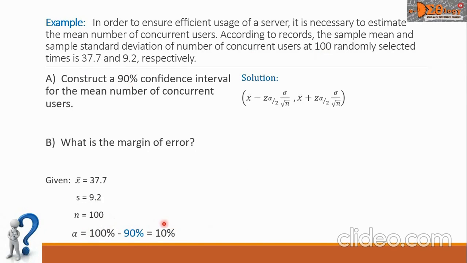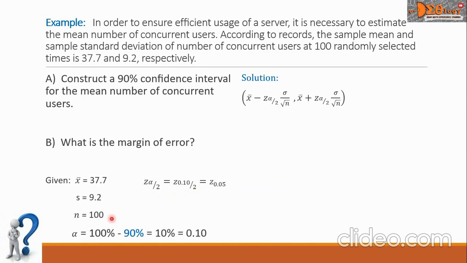Expressing this as decimal, we write 0.10. Now, for the z sub alpha over 2, we write here z sub 0.10 over 2. So we have z sub 0.05.